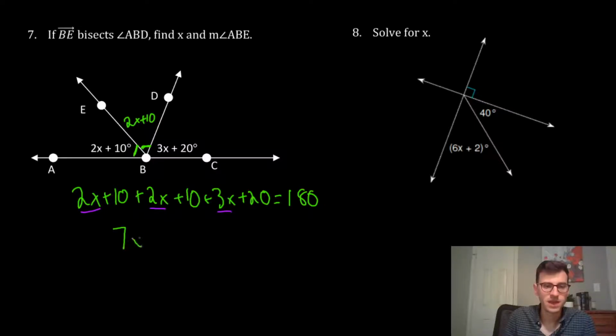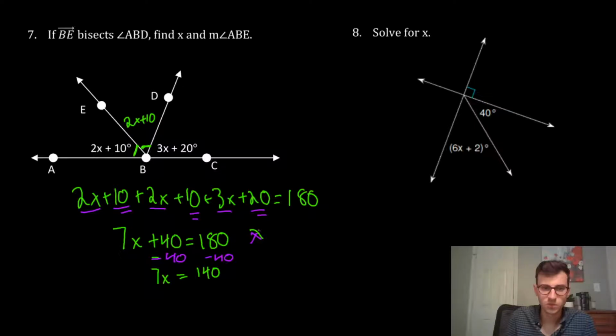That's 7x. 10, 10, 20. That's 40. 7x equals 140. Divide by 7, x equals 20.